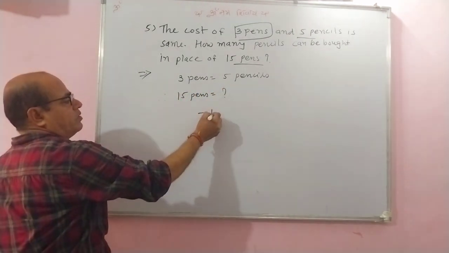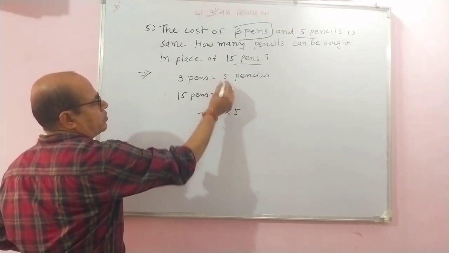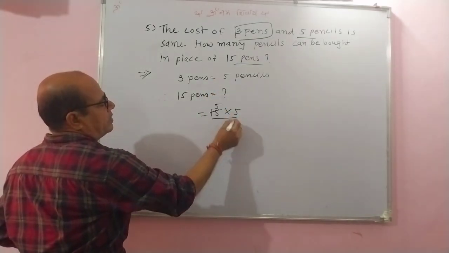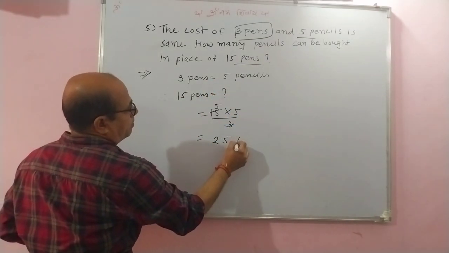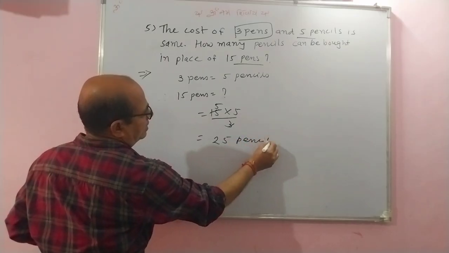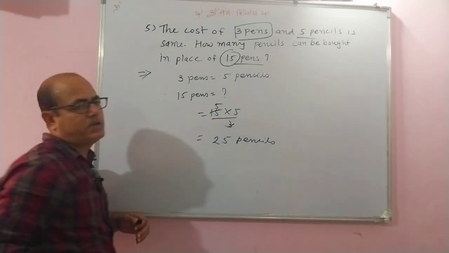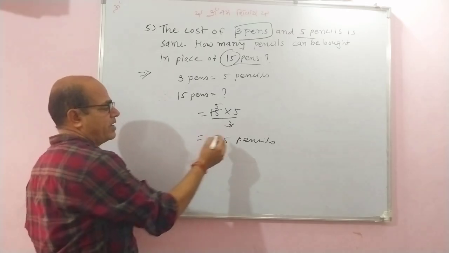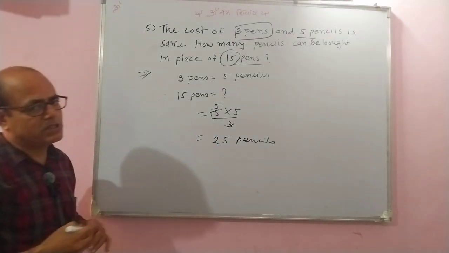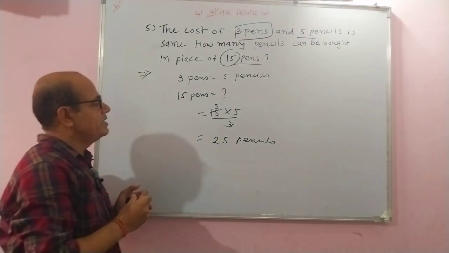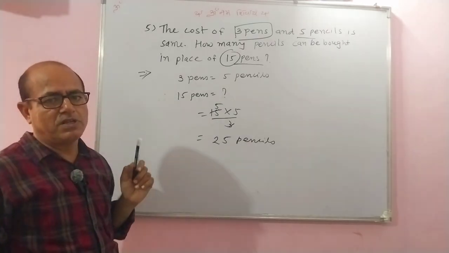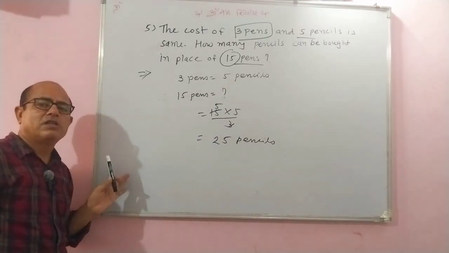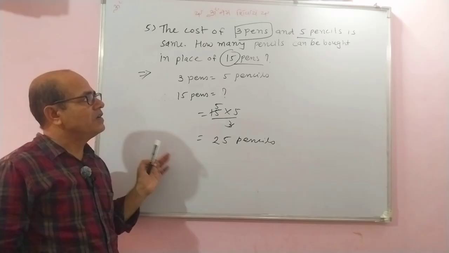Okay, again same unitary method. 15 into 5 upon 3. 3 5s are 15. So how many pencils we get in place of 15 pens? We'll get 25 pencils, because pencil cost is lower than pens, according to this question. Okay, such kind of questions you can solve using unitary method. They are very simple.